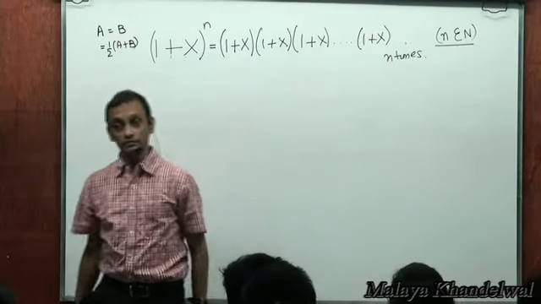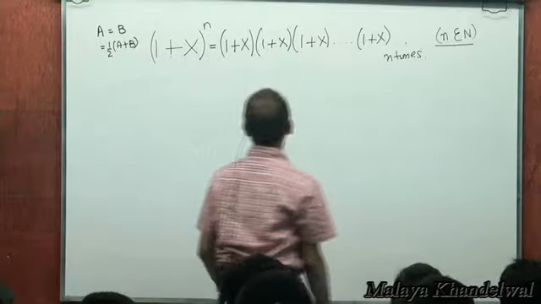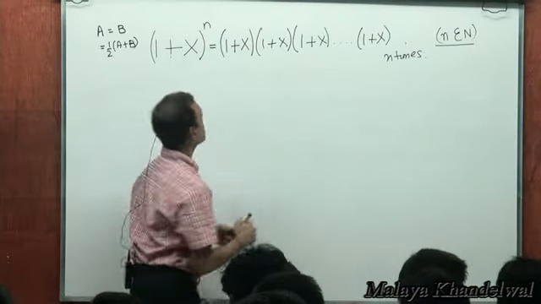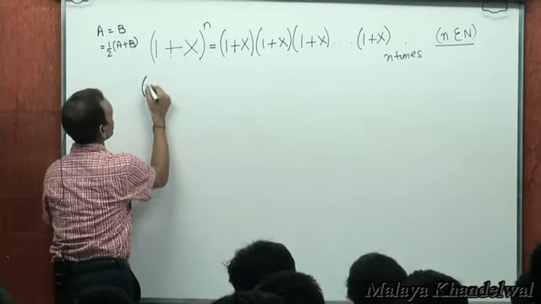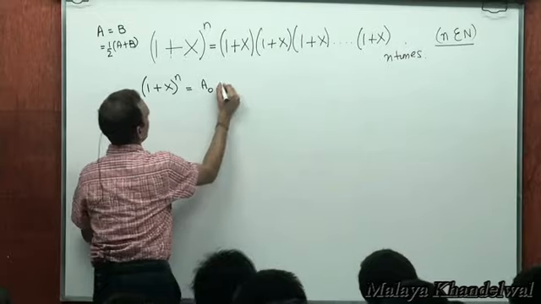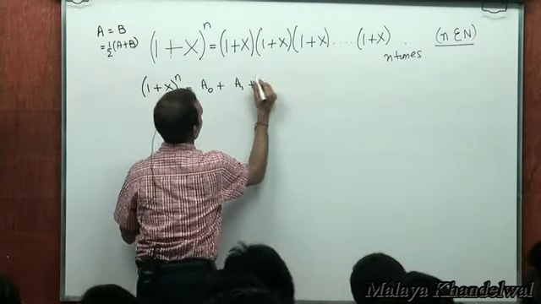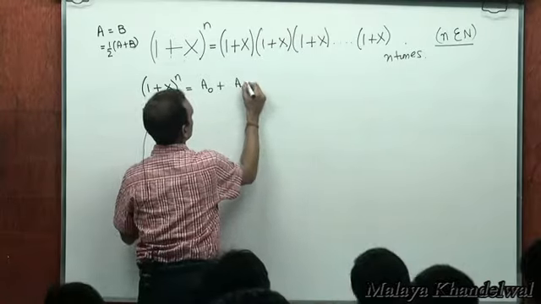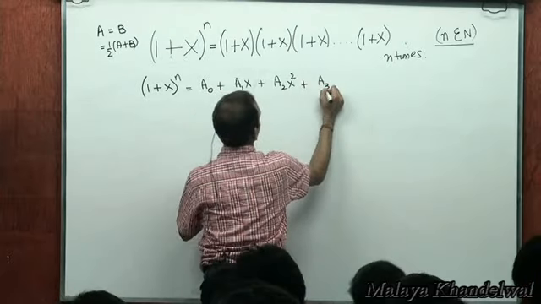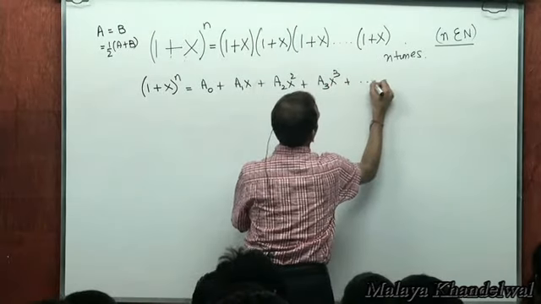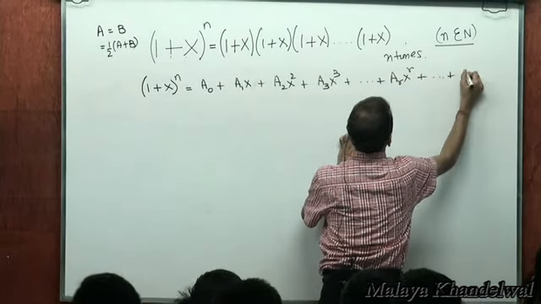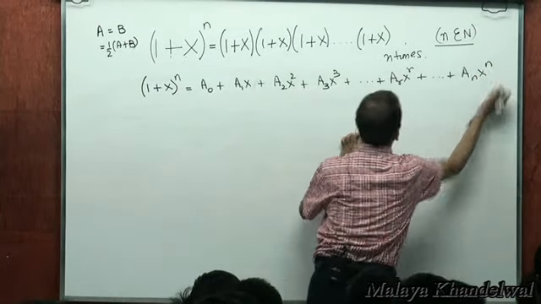Coming back to this then. What transpired here was 1 plus x power n is a naught plus a1x plus a2x squared plus a3x cubed plus arx power r plus anx power n, right?